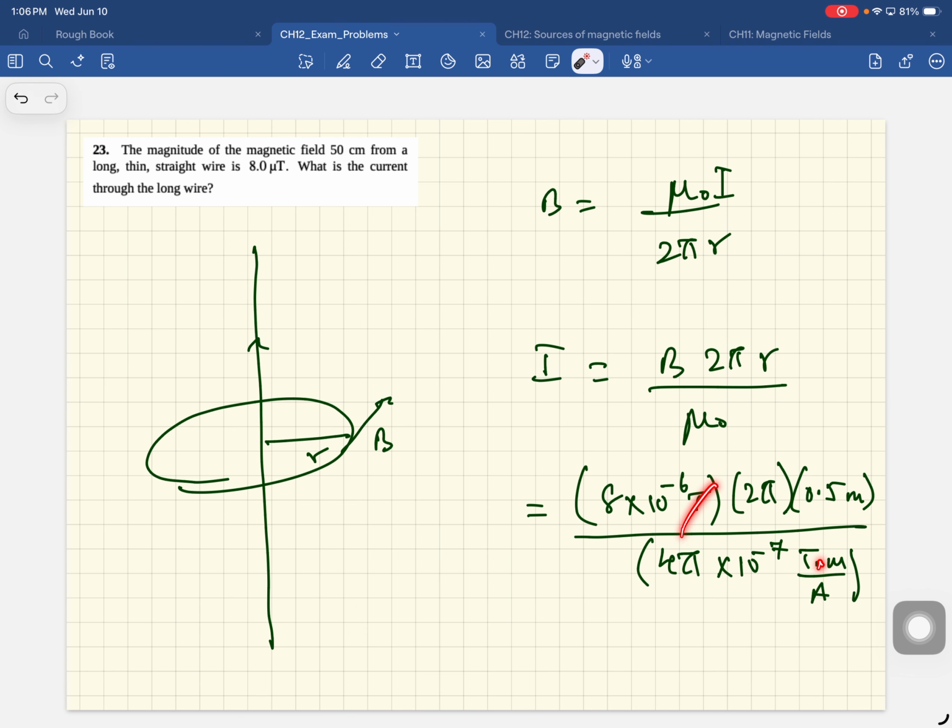So B from the wire is, this is 10 to the minus 6, and 2 cancels 2, so 20 times 10 to the minus 6.